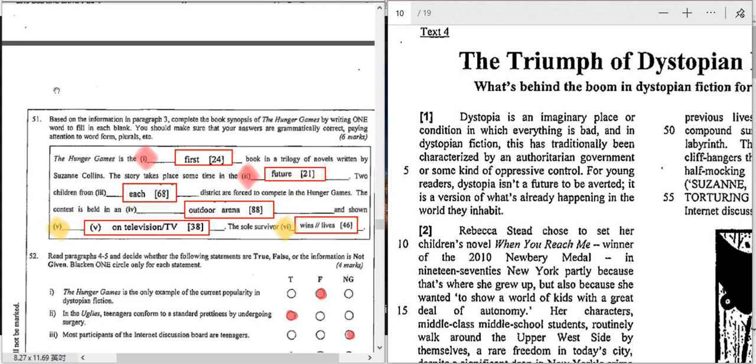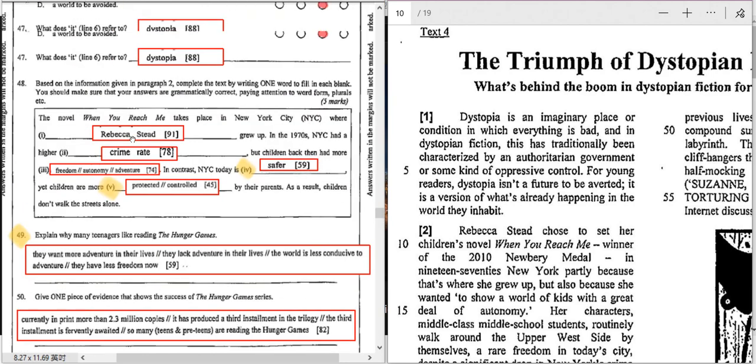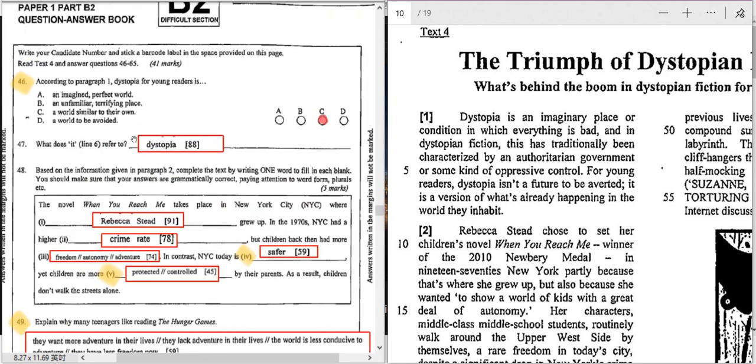To give you a perspective, less than 30% of the candidates that year got these questions correct. So they may be challenging for you too, and I will talk more about those questions.